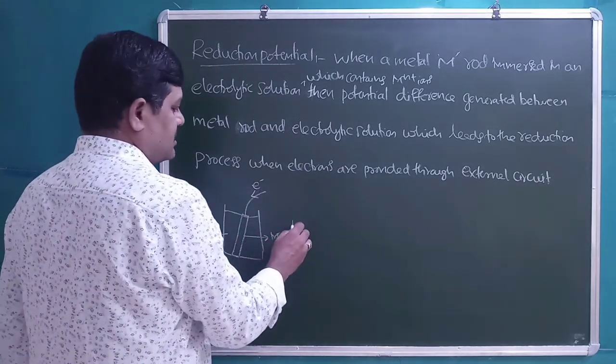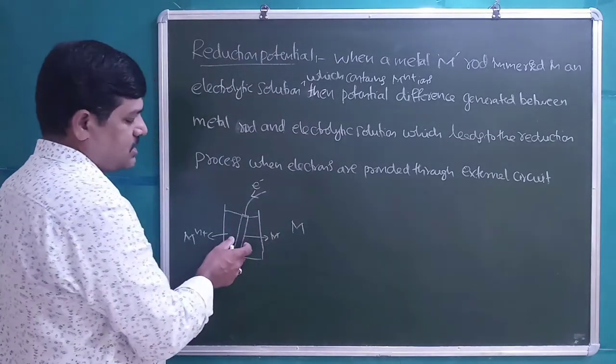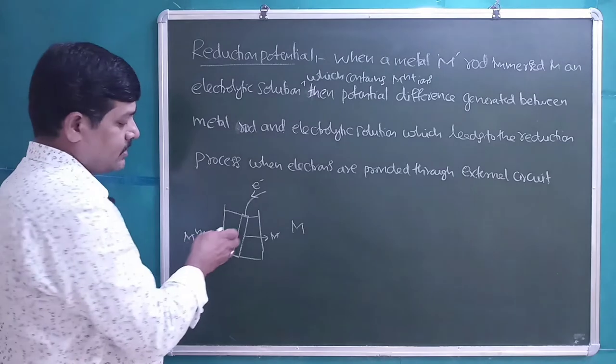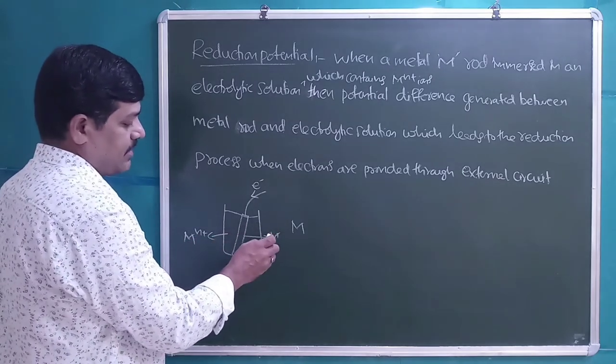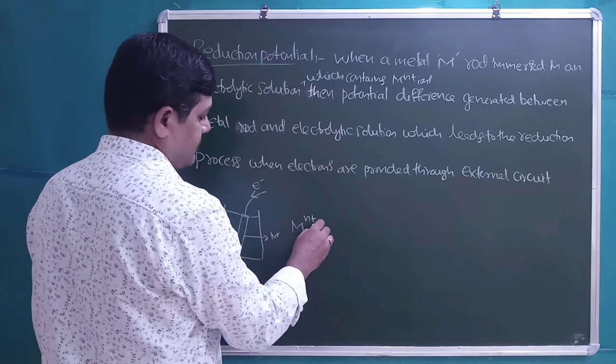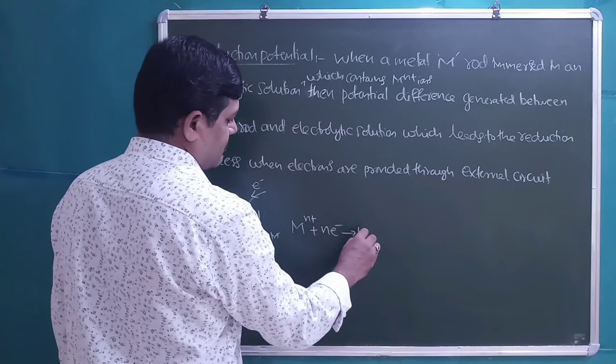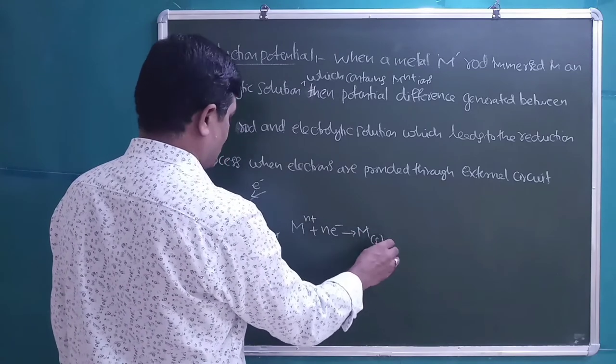Then, when we are providing the electrons, the potential difference generated between the electrolytic solution and the metal rod leads to the reduction process. Mn plus which is present in the solution will take the electrons and convert into the neutral metal solid.